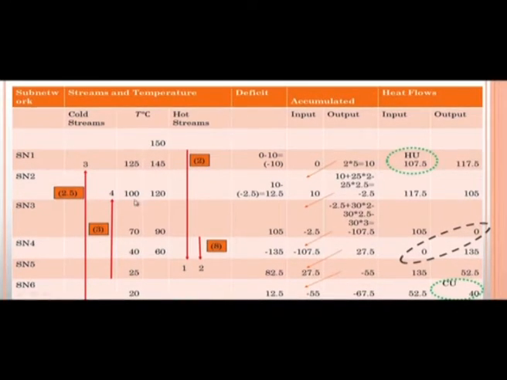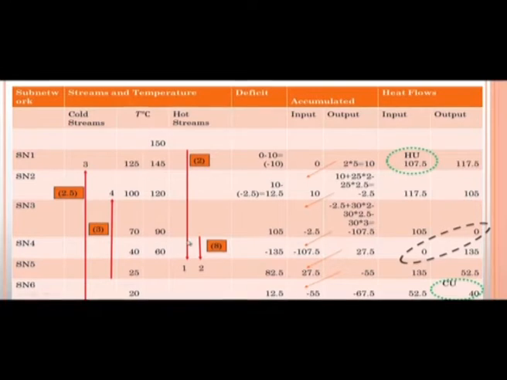Similarly, if we go to the next level, one target temperature for the cold stream is 100 degree Celsius. So, the corresponding hot side temperature, adding 20 degree Celsius, could be 120 degree Celsius.